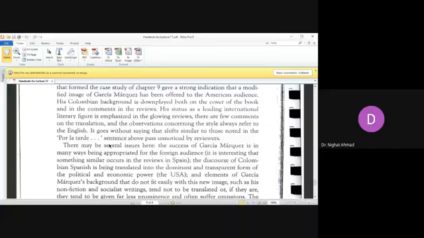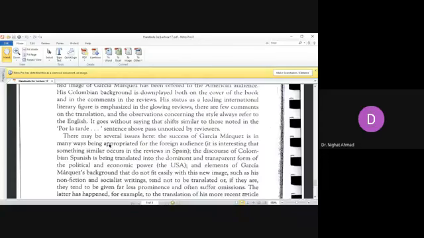It's interesting that something similar occurs in reviews, even in Spanish as well. So the discourse of Colombian Spanish is being translated into the dominant and transparent form of political and economic power. All his books are written in Spanish, and are translated with this perspective, that they should be receptive to the dominant and transparent form of political economic power, the USA.